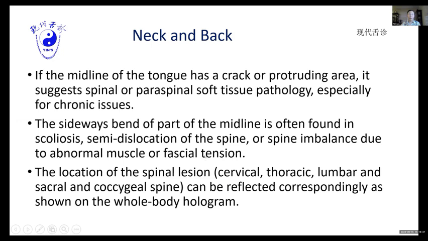If it is tilted to one side, it means the tension on one side is higher than the other. By looking at the location, you can get an idea whether it is the cervical spine, the thoracic spine, or the lumbar, so you know where the pathology is, and you will also do the corresponding examination on the patient.